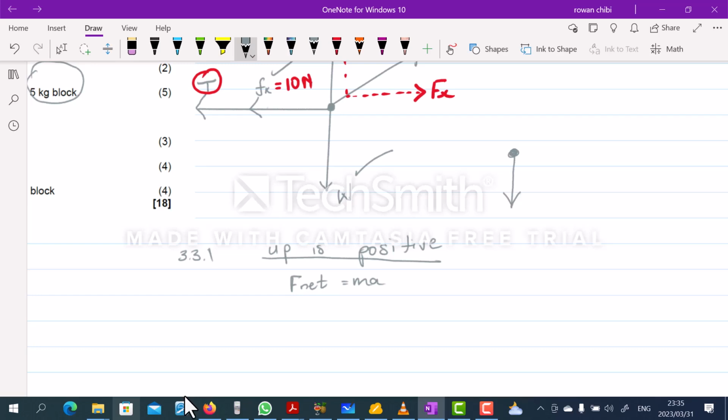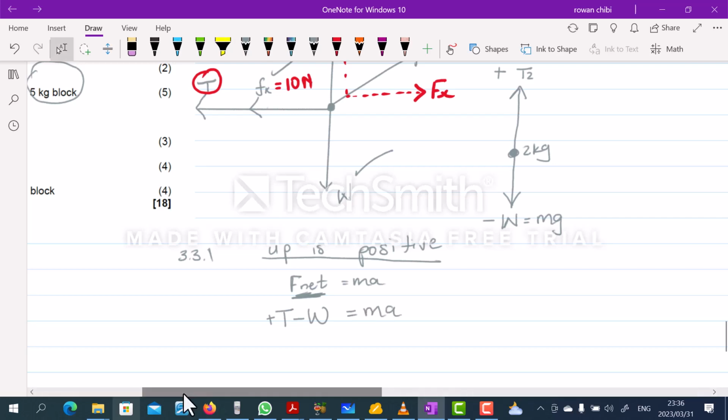There is a force going down, which is the weight of the 2 kg, and there's a force going up, which is the tension of the 2 kg. So we know this force, which is the weight, is equal to mg. If we take up as positive, that means T, which is the tension, is positive, and the weight is going down, so it will be negative. So the F net means the sum of these two forces. So we say T, which is positive, minus the weight, which is negative, equals ma.